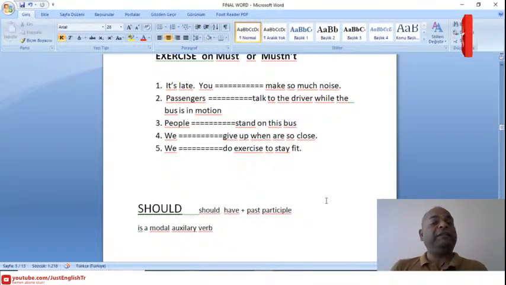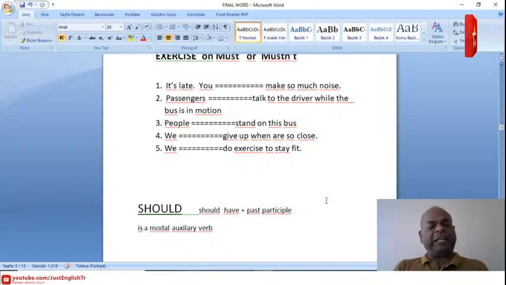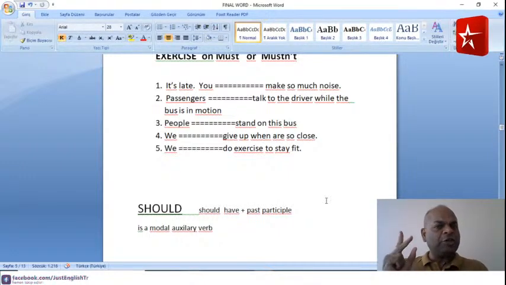But generally, there's no rule of standing, so it should be people mustn't stand on this bus. Tessin says both of them. Yes, both are applicable, but generally mustn't sounds stronger, as a rule, to stand on this bus.